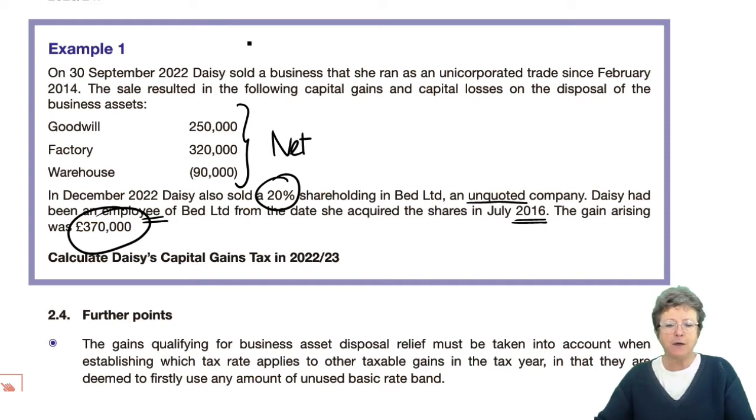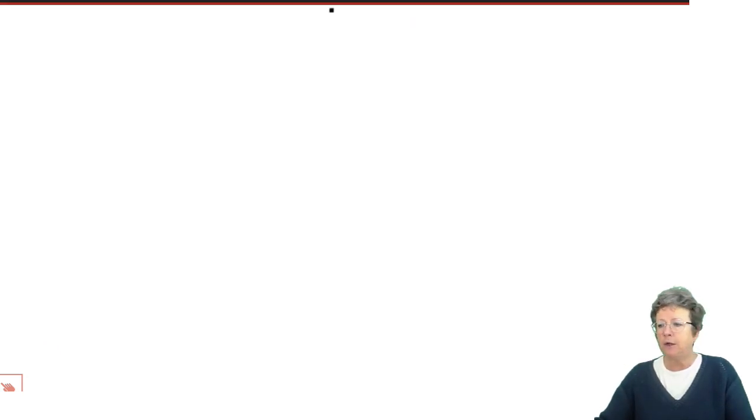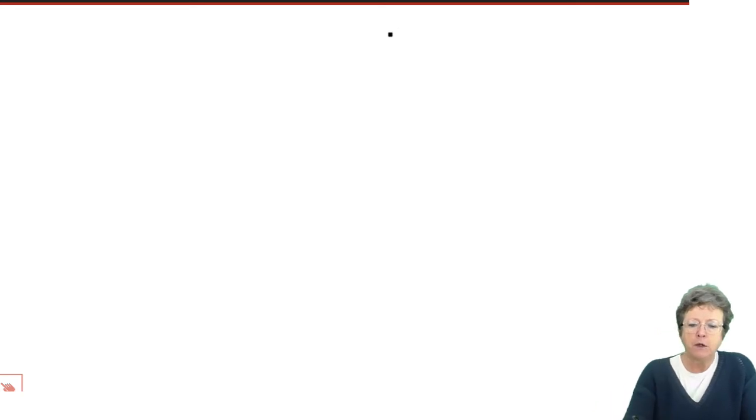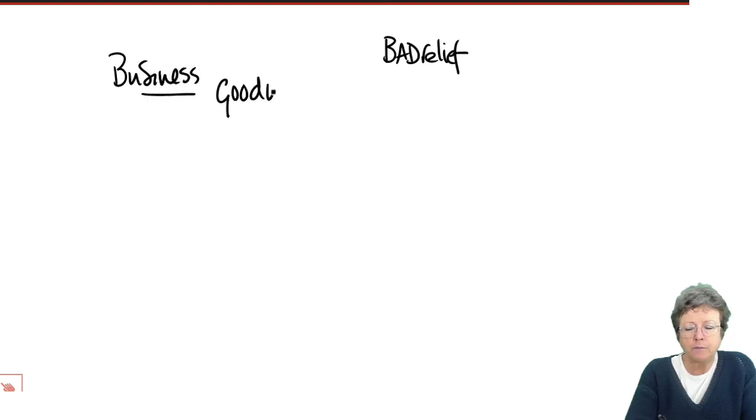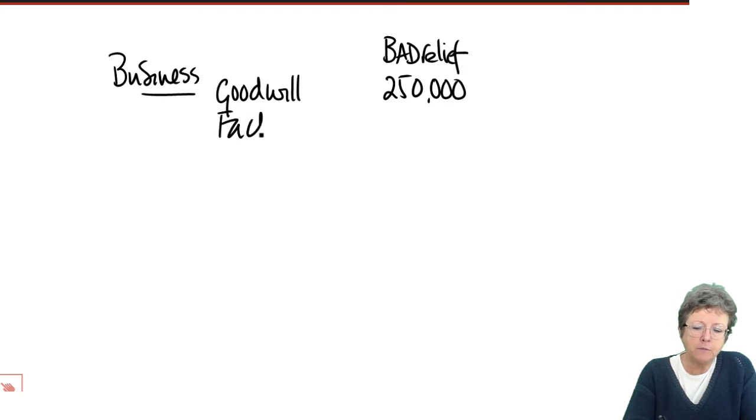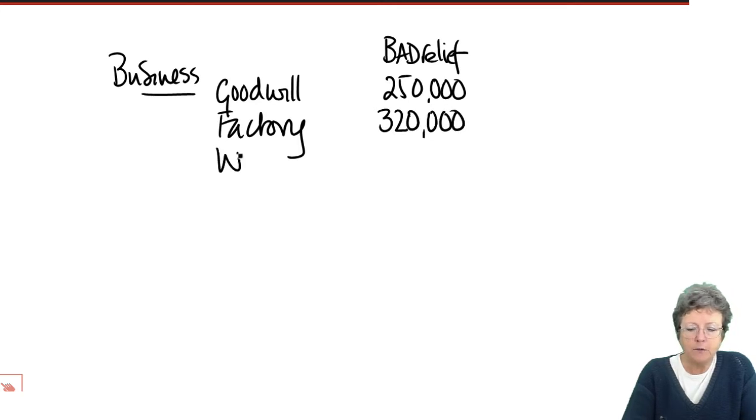So let's see how that works if we put them all into a computation. So we've got assets that we're going to claim BAD relief on. So the business, we've got the goodwill, we've got the factory, and the warehouse.